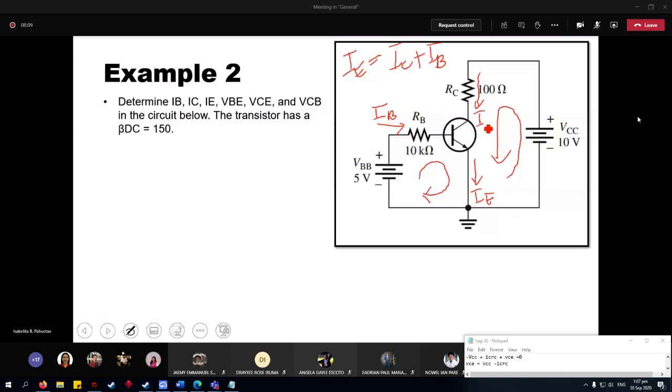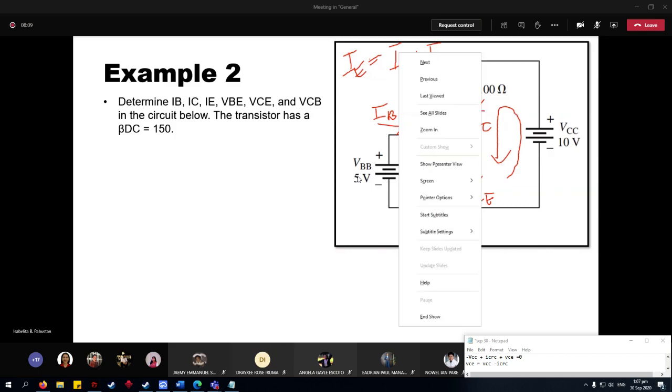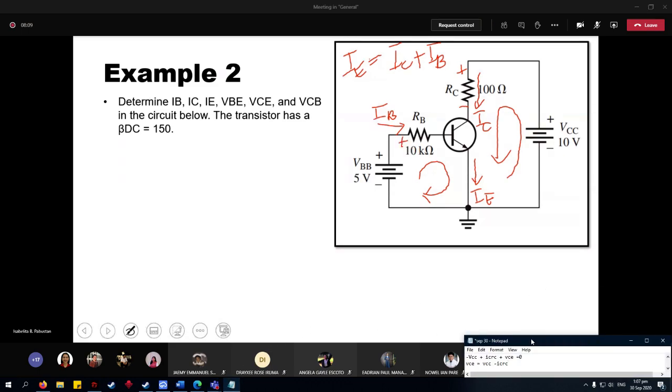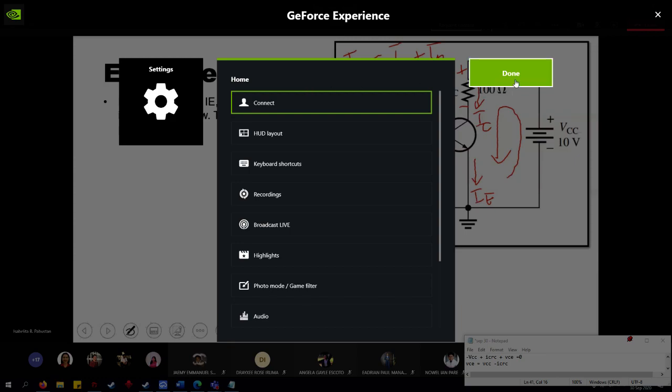The polarity of the voltage across RC, because your VCC is connected this way, will be plus, minus. What is the voltage across RB? The polarity will be plus, minus. Again, resistors do not have polarity. The polarity that I am writing here is the polarity of the voltage across those resistors.